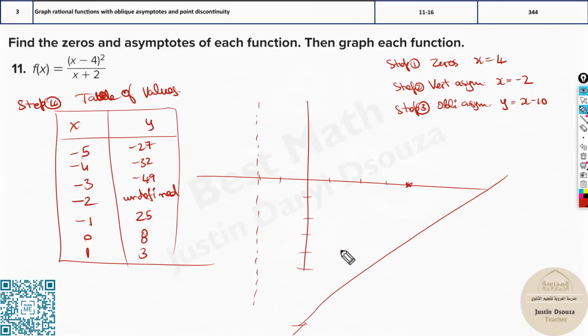See, now this is the thing. I am sorry, I told you one thing wrong. If you take a scale of 1, like if you consider this to be 1, 2, 3, it's just not going to be possible, okay? So see, the values are around 27, 32, 49, 25 and everything, right? So what I'll do is I'll take this as minus 10, minus 20, minus 30, minus 40 and so on.